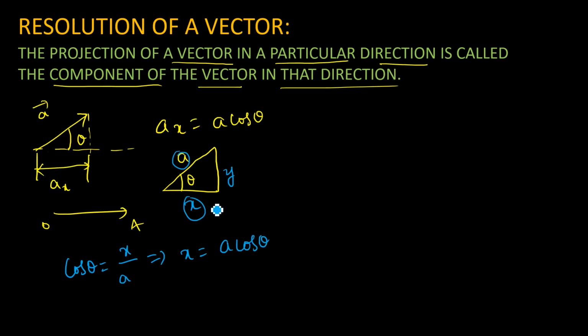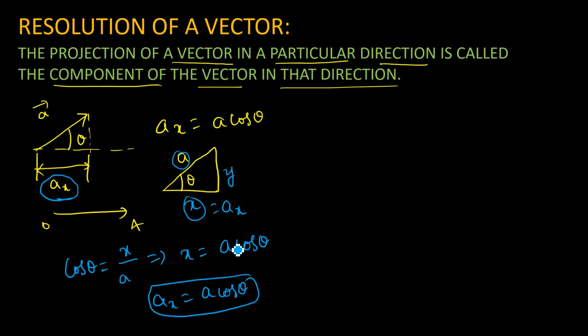So here we can take this component of vector A in the direction of the x-axis: x equal to A cos theta.